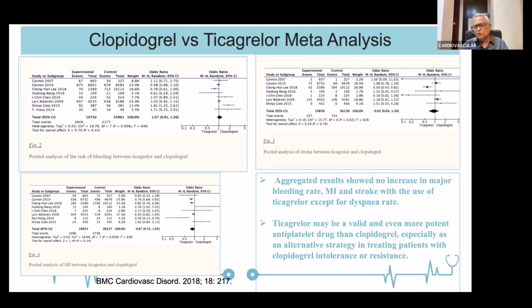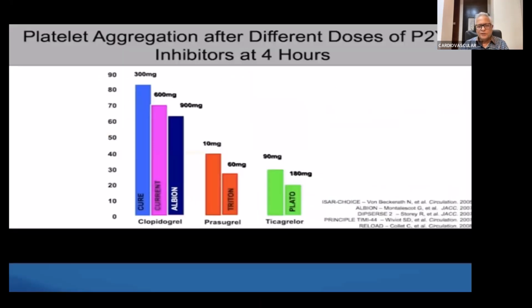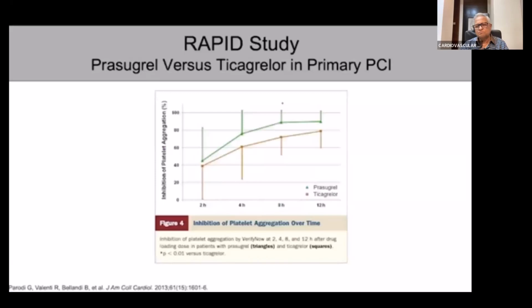We all know clopidogrel has a genetic cause of intolerance. The minimum platelet aggregation is observed with ticagrelor compared to prasugrel and clopidogrel. The same thing is depicted in the prasugrel versus ticagrelor study.